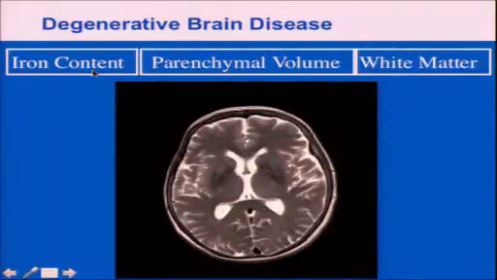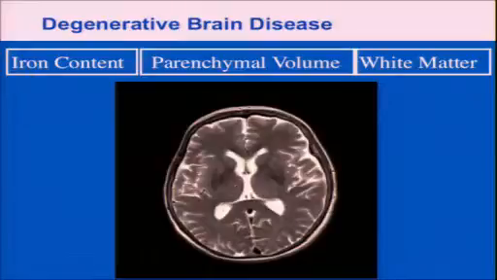But the iron content is not so easy because iron we cannot really directly visualize. We see it indirectly because iron causes a susceptibility artifact. So it disturbs the local magnetic field, and therefore we don't see signal in that area. So where iron is present, we normally have less signal or low signal. And that, of course, depends very much on the amount.